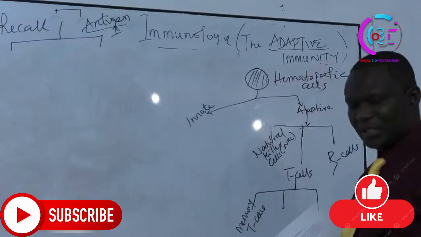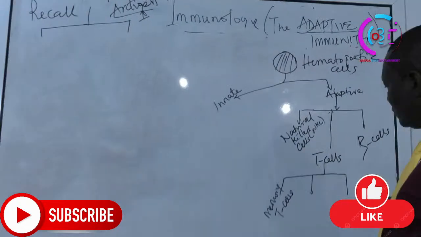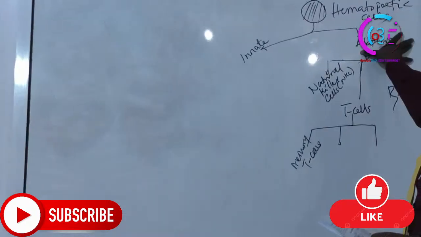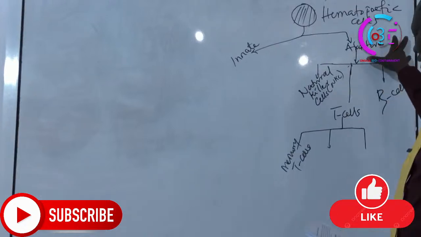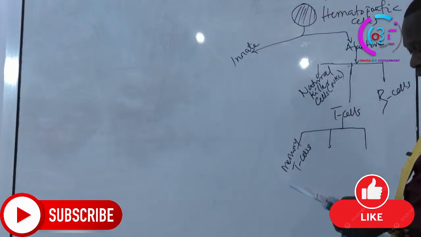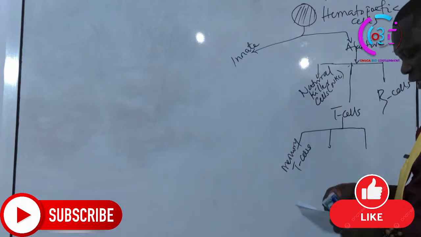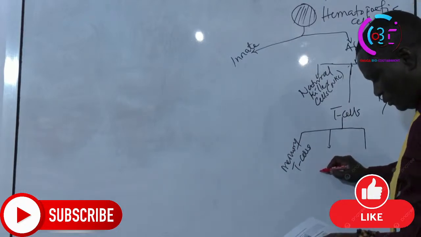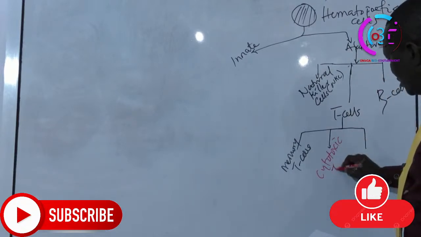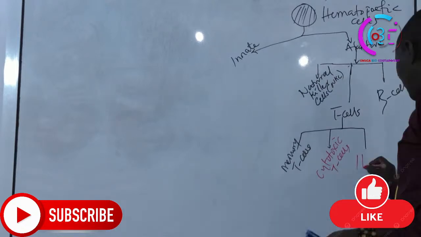That is, immediately after the pathogen is challenged, by the recruitment of the adaptive arm of the immune system, if it is going to involve T cells, it is going to be either memory cells, or cytotoxic T cells, as well as helper T cells.